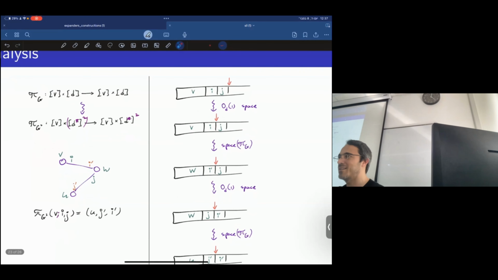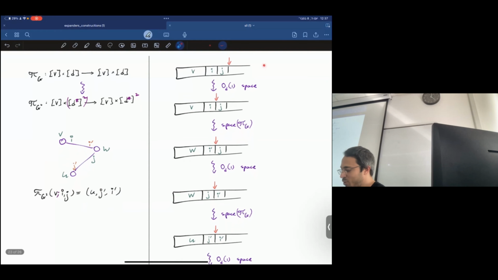That's the base. No recursion. When I'm calling the algorithm pi of G0, it replaces the input with the output, inline in space.